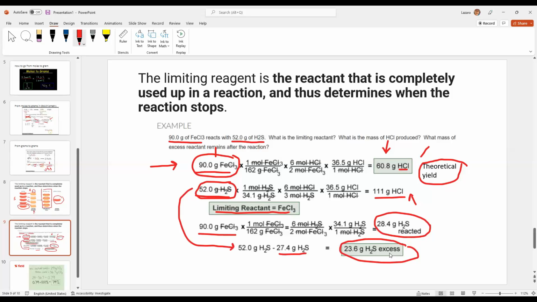It is the part of this substance that cannot continue reacting because there will be no more iron 3 chloride. Stop the video at any time and do this calculation. It's very important because this is a problem similar to the one that you have in your lab.